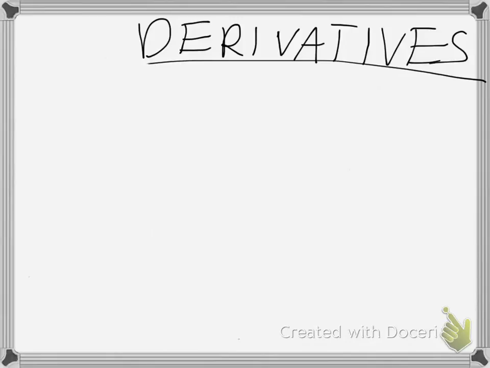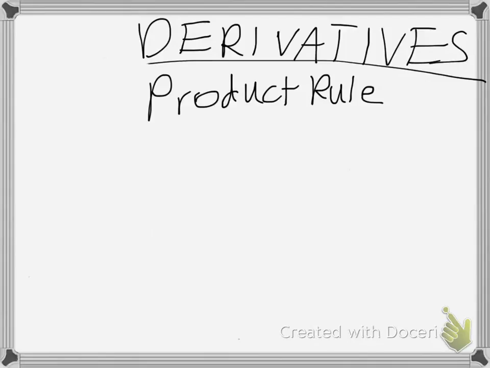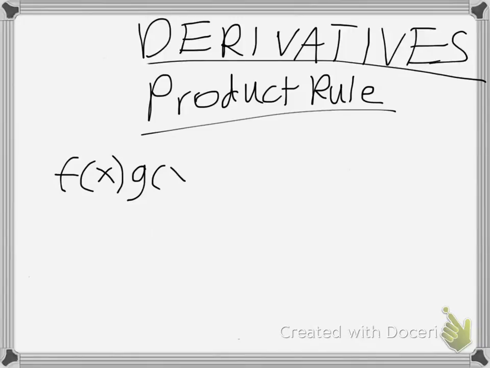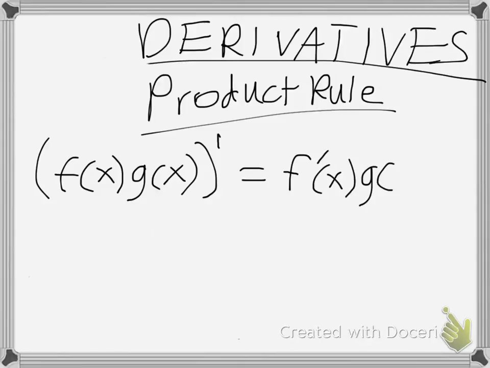And now we're going to go over the product rule. The product rule says that the derivative of f of x times g of x equals f prime of x, g of x, plus g prime of x, f of x.